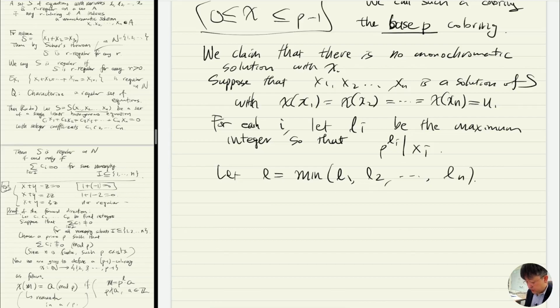Now what can we observe? I know that if I divide Xi by P to the Li, this integer is equal to the color modulo P, right?